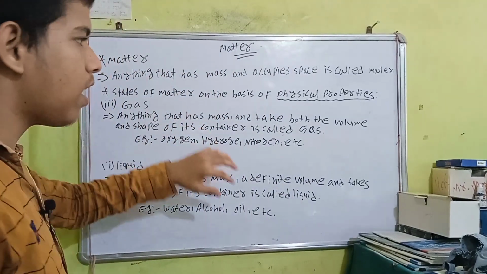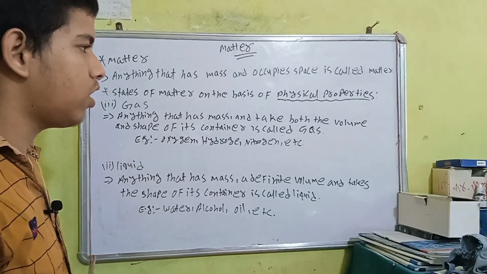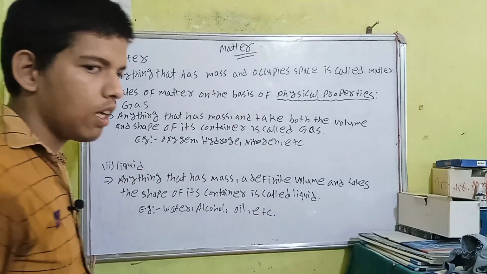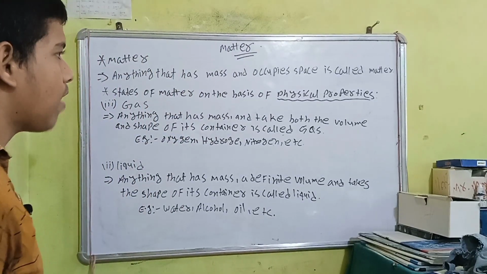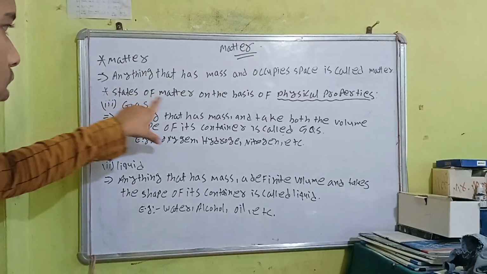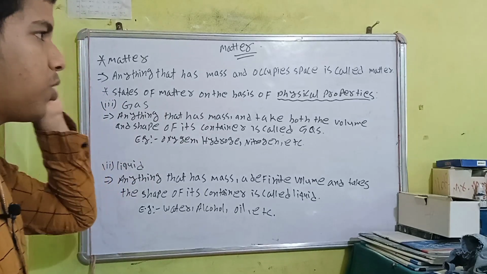So anything that has mass and takes both the volume and shape of its container is called gas. Right? So we have now talked about states of matter on the basis of their physical properties.